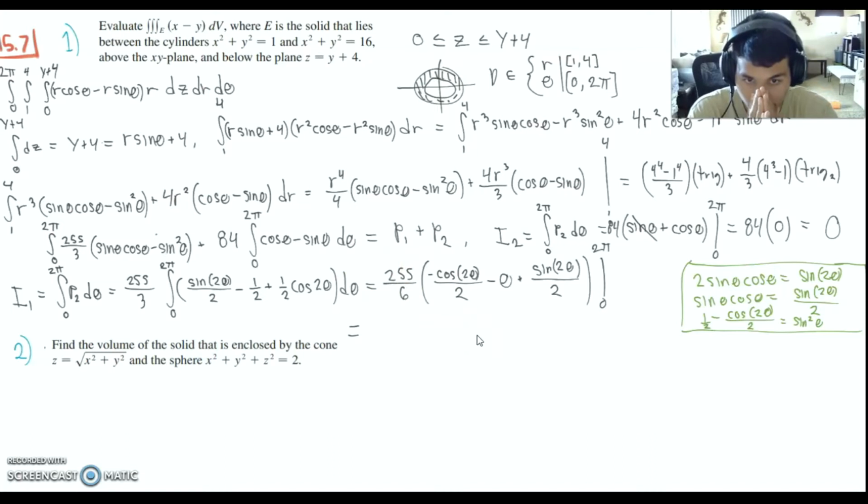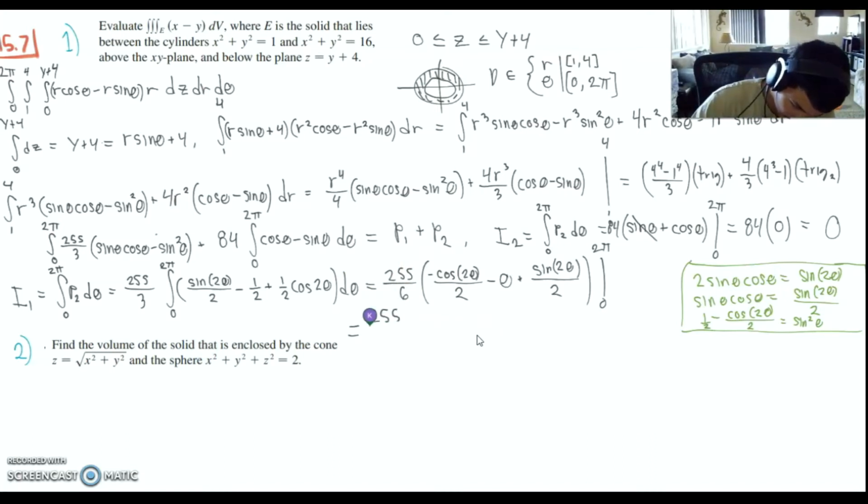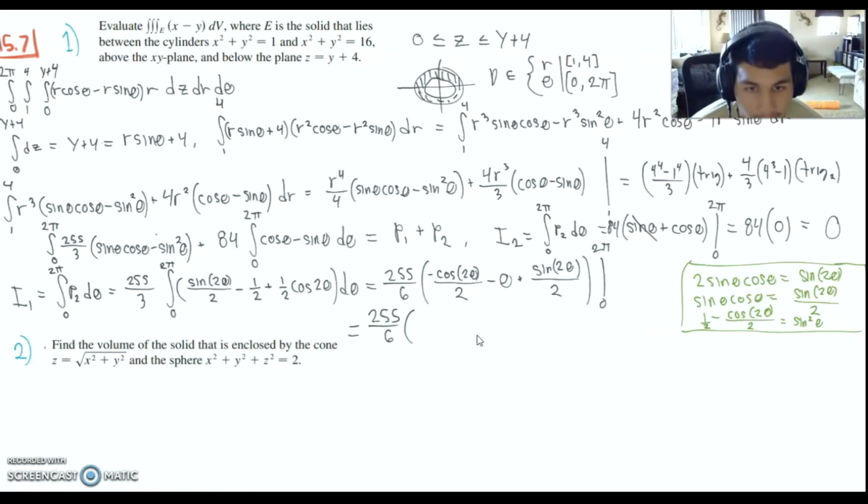Okay, well, 255 over 6. Cosine, let's just think here. Cosine will be 1 in both of these cases.